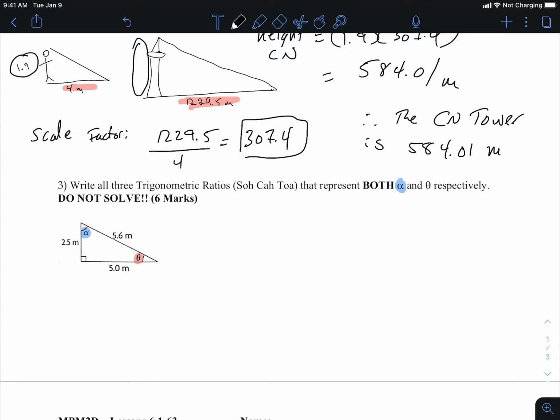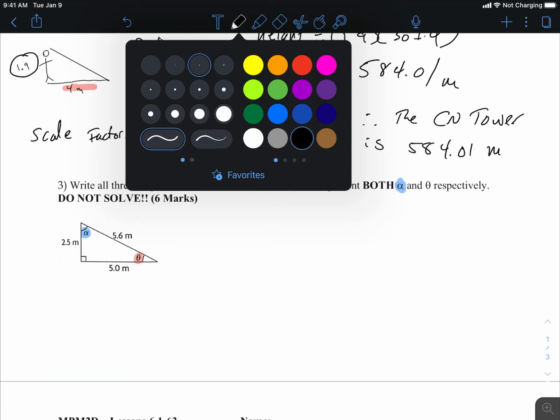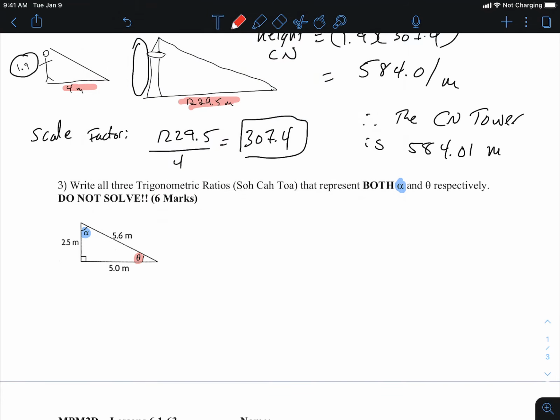So, let's do all the stuff with theta first. I'll do it in red because I highlighted the angle red. If I'm standing at theta and I look across, the 2.5 is what? Opposite. Very good. That's important. You're standing at that angle in particular and you're looking across, that's opposite. Some of you are labeling it adjacent and then the work's all right.